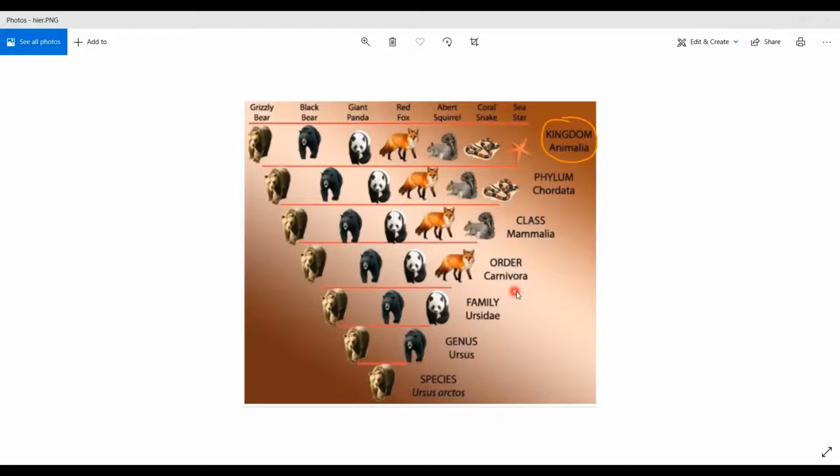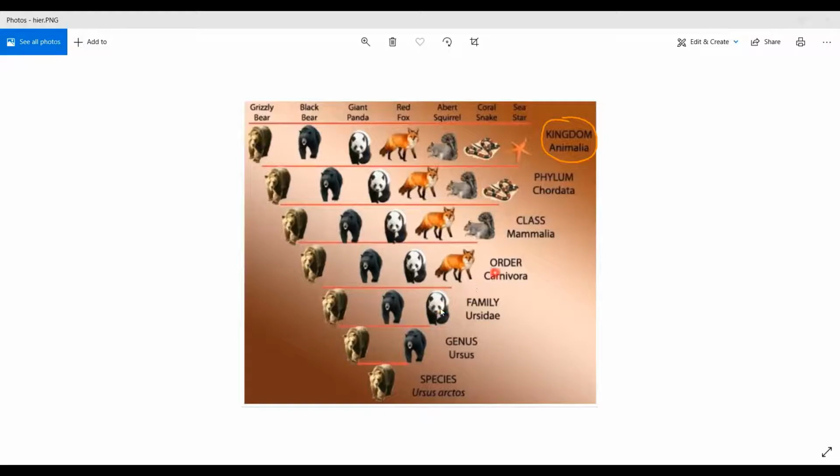Now, we want to know how to classify the bear. So he excluded this wolf or fox or whatever it is, and he put the animals that have the same morphology together in a family, as their outer appearance differs from the fox. Then I want to classify the brown bear.